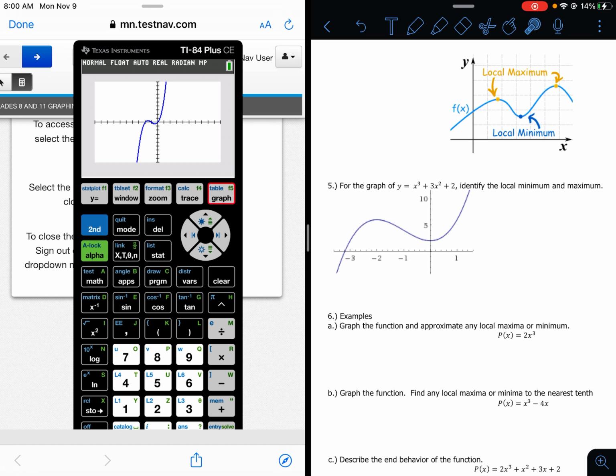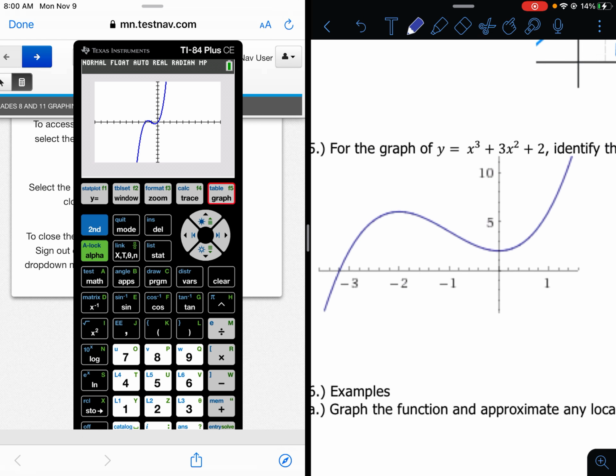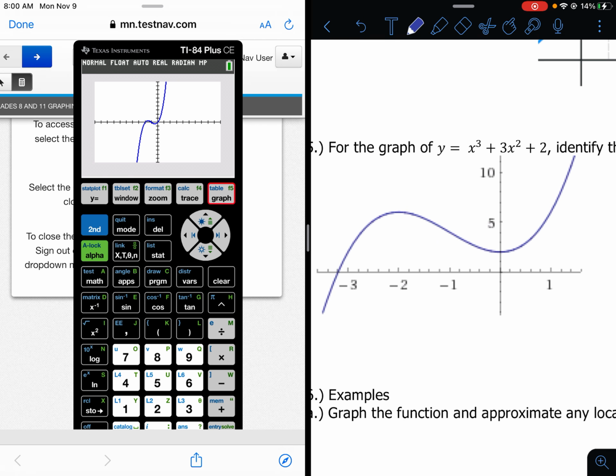Now on the paper here, it has it all zoomed in. But basically, when we're trying to find local max and local min, we look between these ranges here. The local max would be the highest point on a hump. So the local max would be right here, the highest point within this. You're looking at the humps, basically.